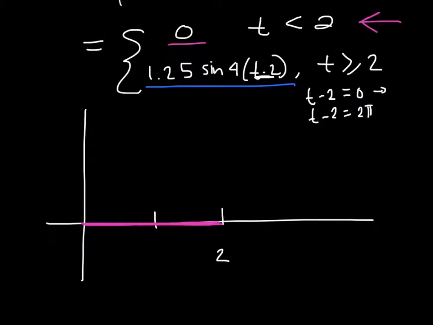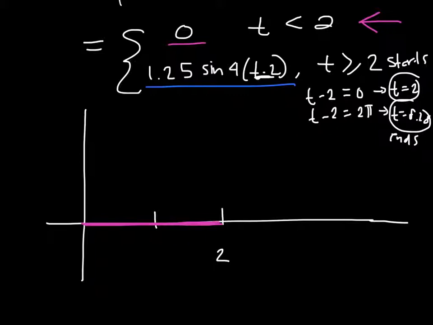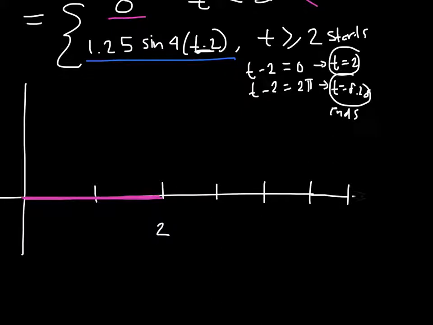And when you solve for t, this is where it starts, at t equals 2. If you solve for t here, you're going to get 2 pi plus 2, which is 6.28 plus 2, which is 8.28. Okay, so that's where it ends. So it's about at 8. So let's just say 1, 2, 3, 4, 5, 6, 7.